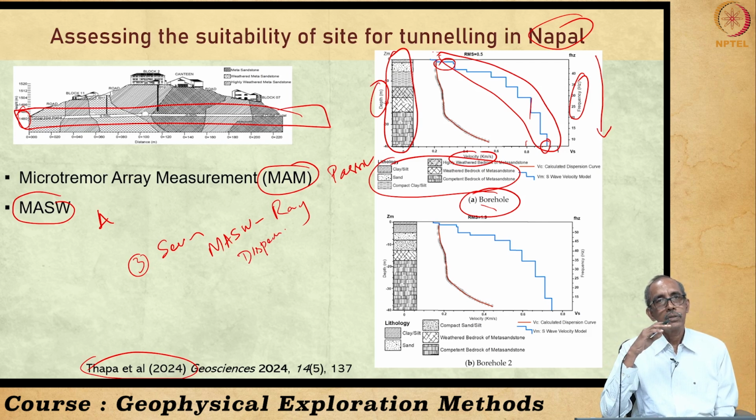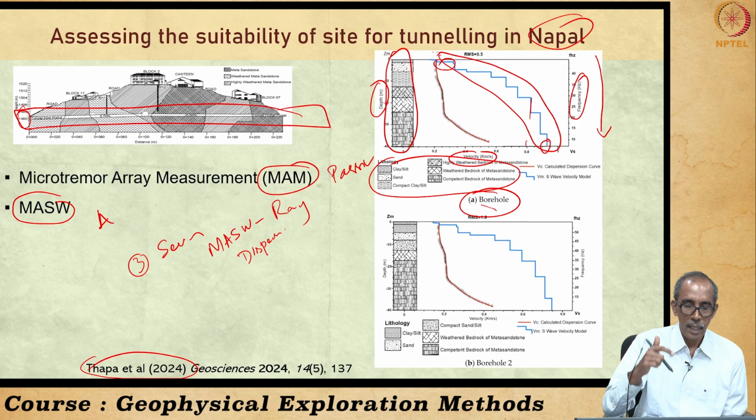We saw the sources that can be used, and the receivers are the conventional vertical component geophones. We also saw that the method of seismic survey is the same, but the data analysis is different.